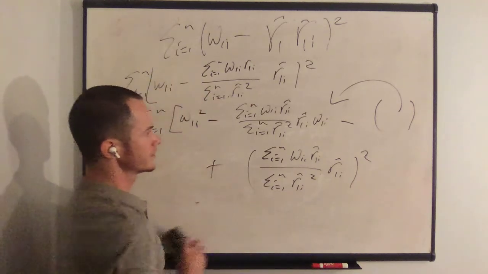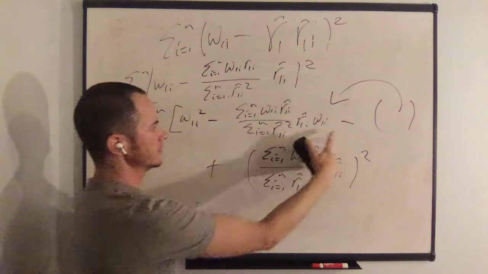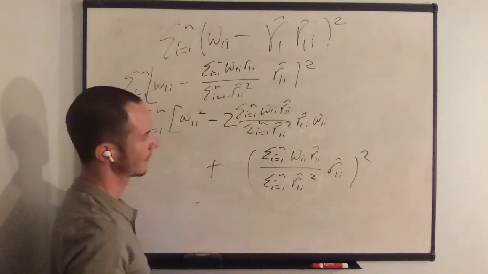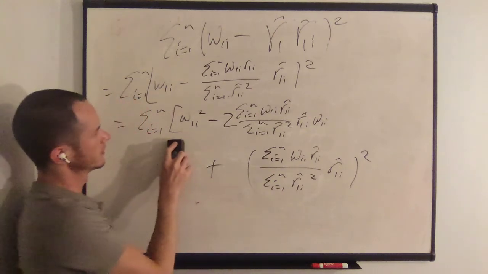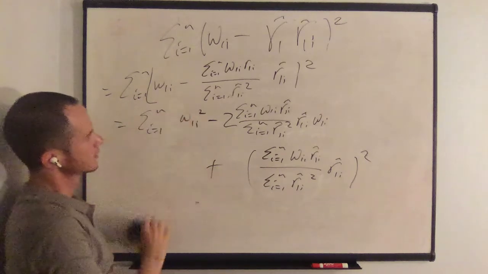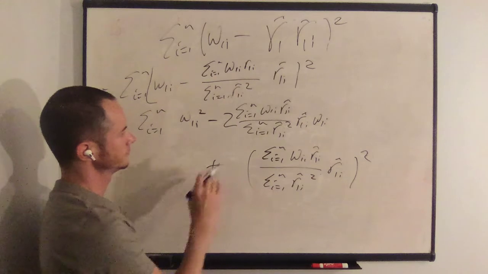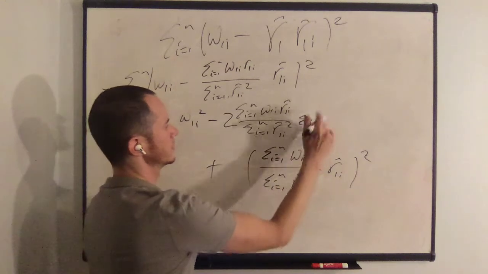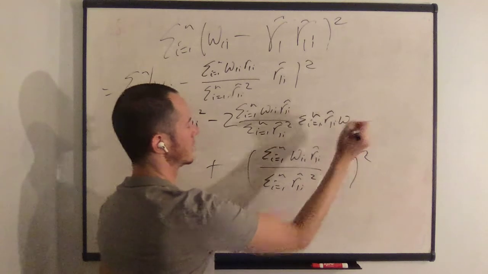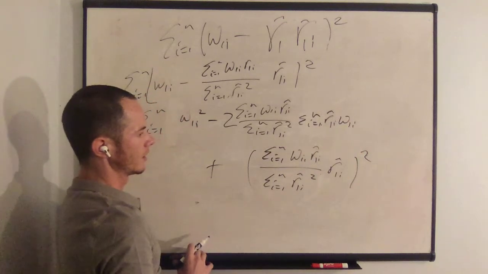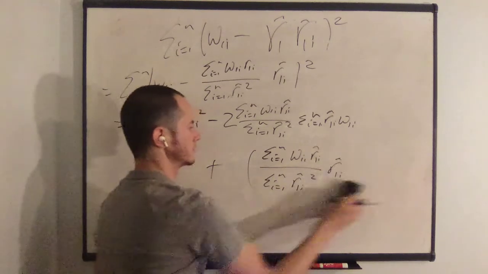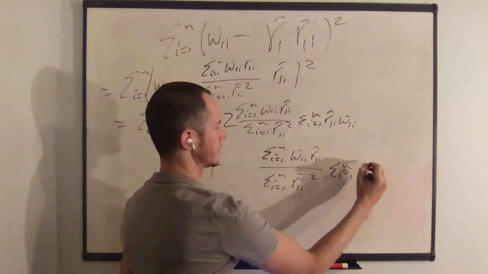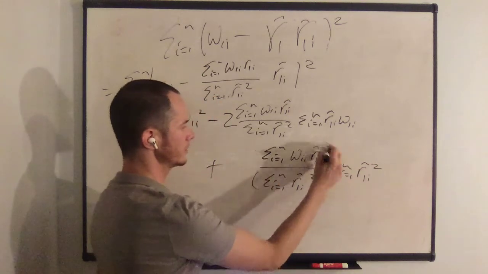So what you end up having is minus 1 of these terms, minus another, so minus 2, of the sum from i equals 1 to n of r1i hat w1i, over the sum from i equals 1 to n of r1i hat squared, squared.